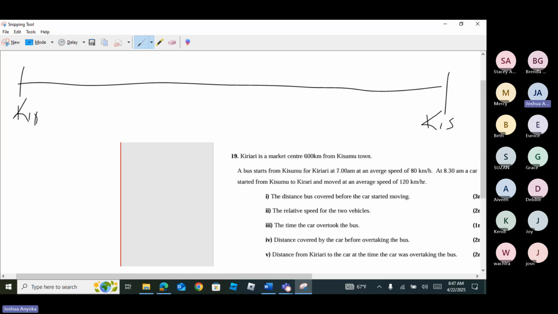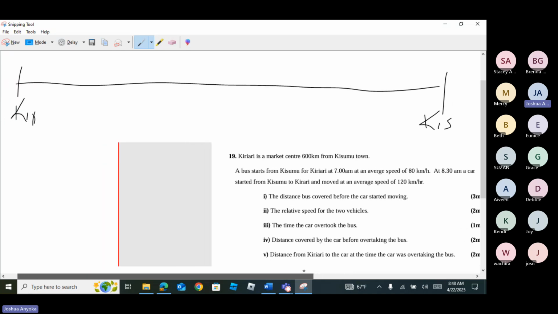Roman 1: the distance the bus covered before the car started moving. Roman 2: the relative speed for the two vehicles. 3: the time the car overtook the bus. 4: distance covered by the car before overtaking the bus. 5: distance from Kiriari to the car at the time the car was overtaking the bus.